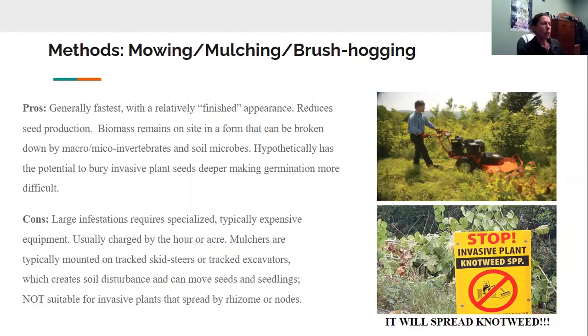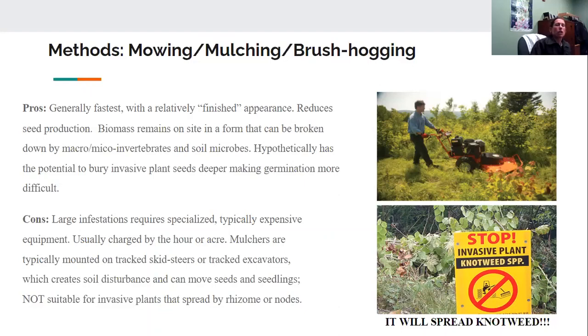First, the cons for mowing. If you have large infestations, you will likely need to utilize some specialized equipment, such as a skid steer with a mulcher attached, and these are much more expensive. These machines also tend to be on tracks, or even if you're using a tractor, they will create some soil disturbance and have potential to move seeds and seedlings.